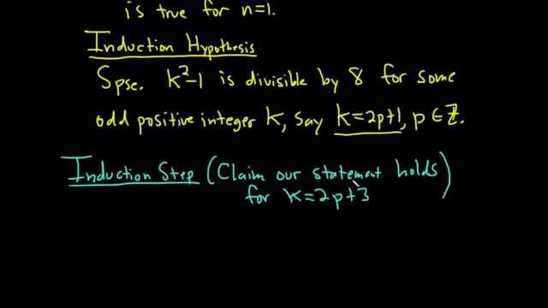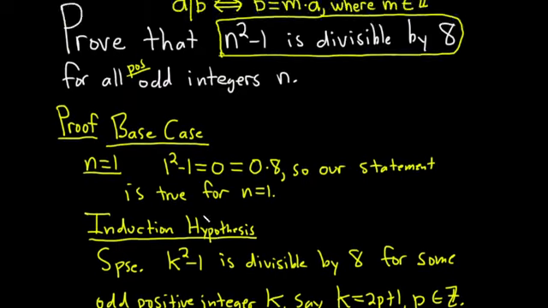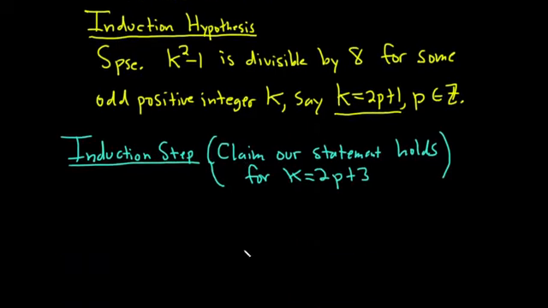That's going to be the next odd integer. Very key because we're only dealing with odd ones. Now we basically have to plug this into our original statement, n squared minus 1, and show it's a multiple of 8. So 2p plus 3 squared minus 1.